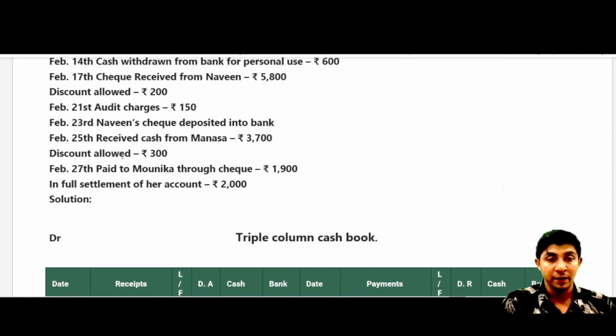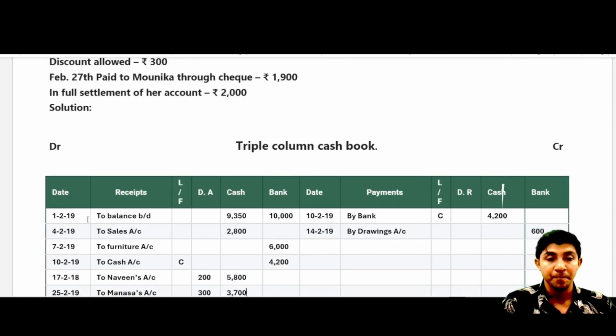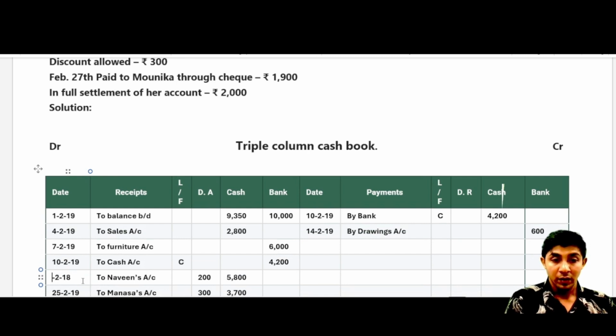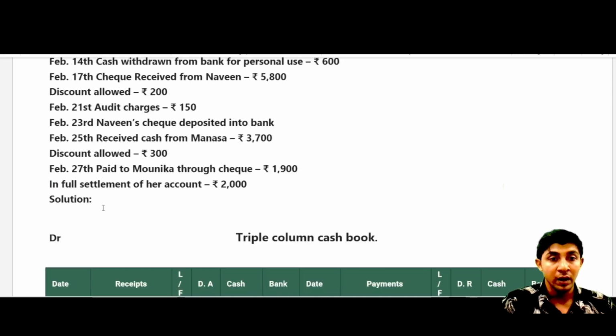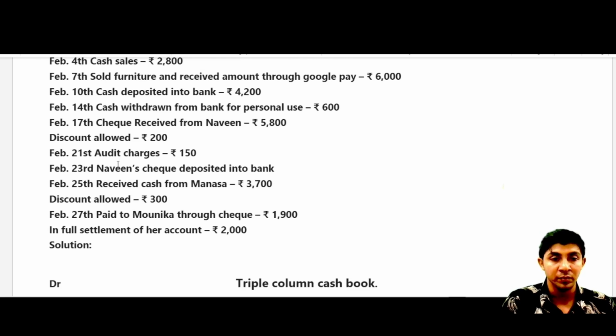Then after that, Naveen's entry is on the 23rd. We have written 17 here, so the date is 23rd, and we have left one transaction. We have done a bit of a mistake here.